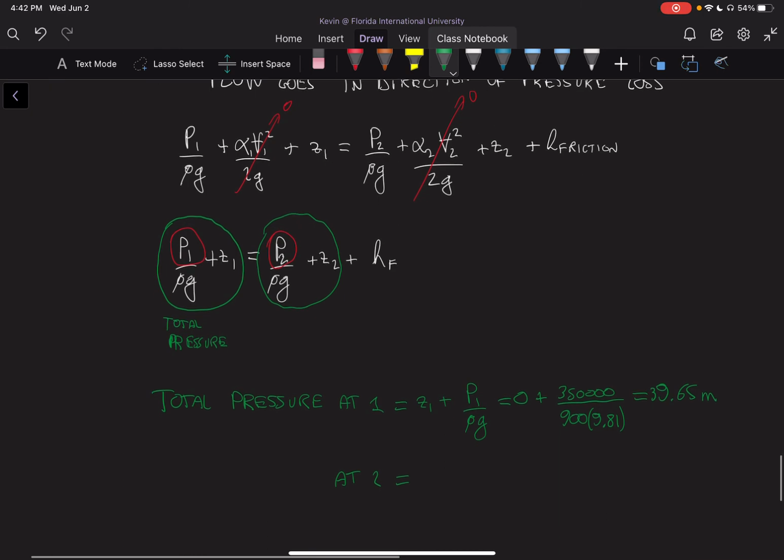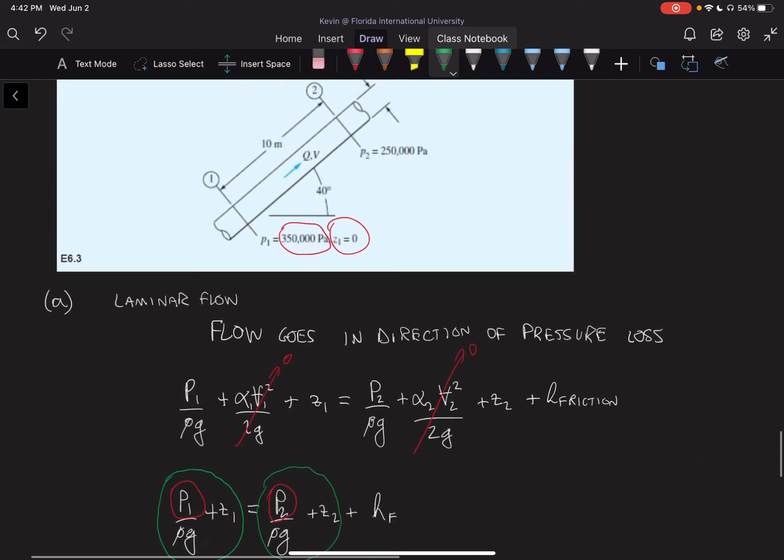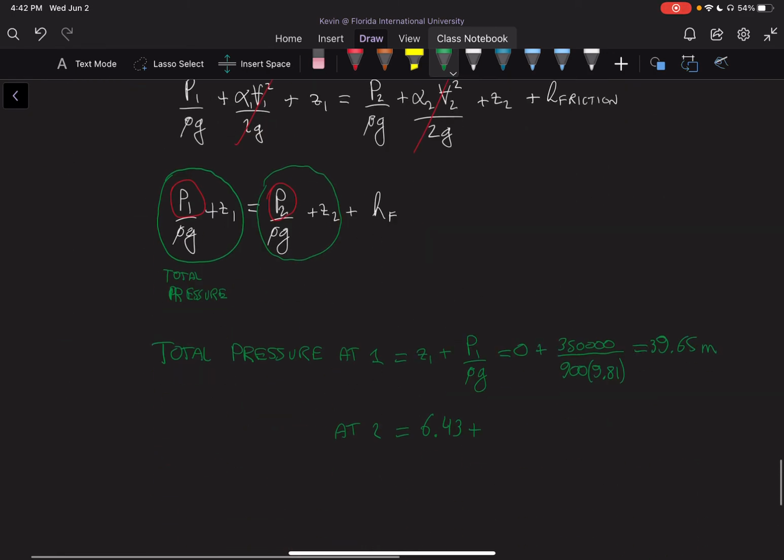And from that, Z2 is going to be 6.43 plus, now we have at 2, 250,000, so it's going to be plus 250,000 divided by 900 times 9.81. And we get a value of 34.75 meters.